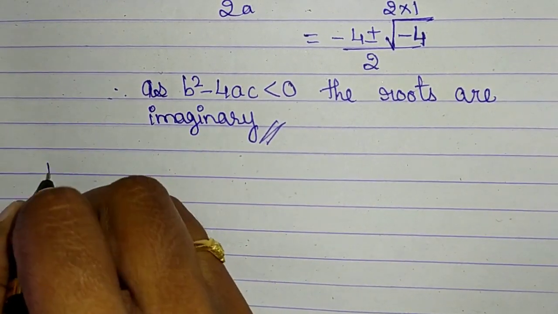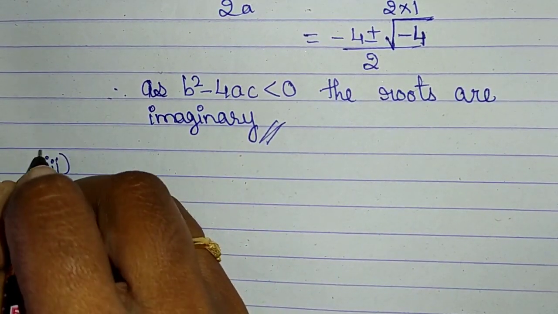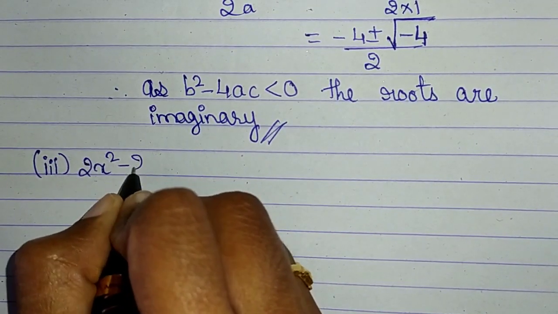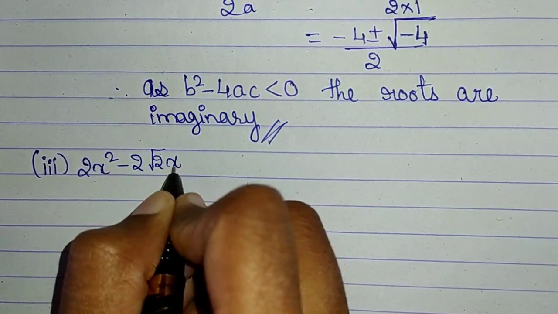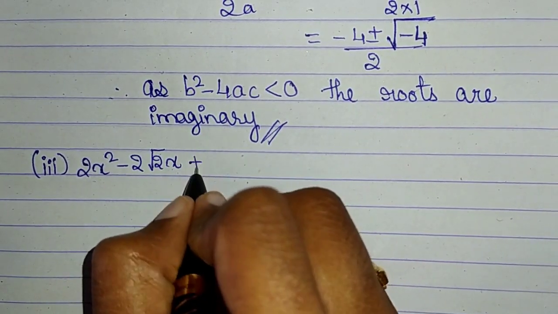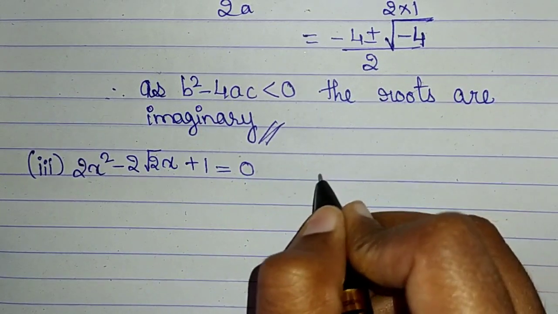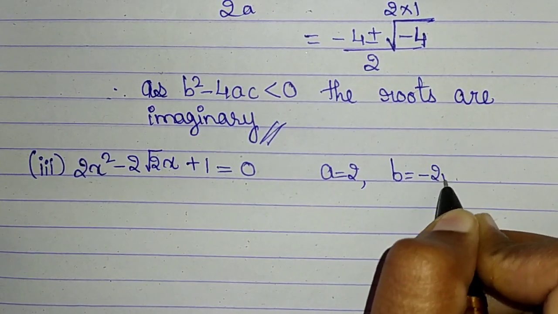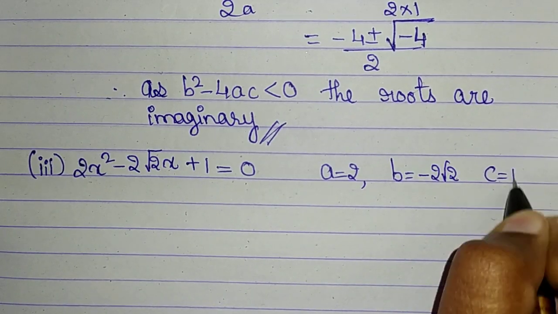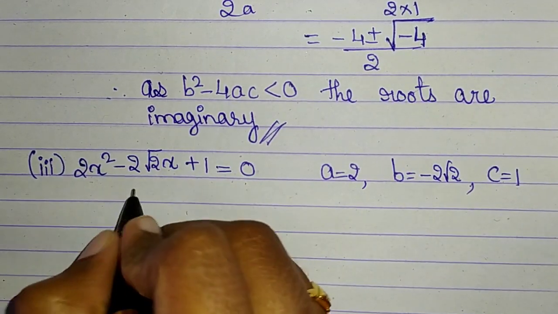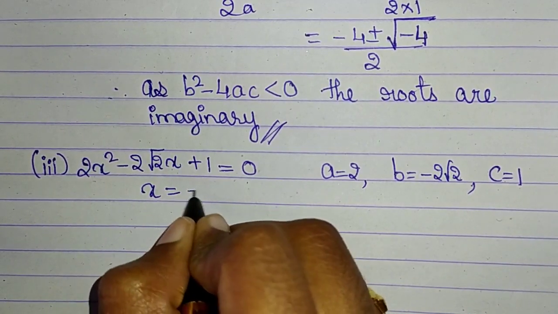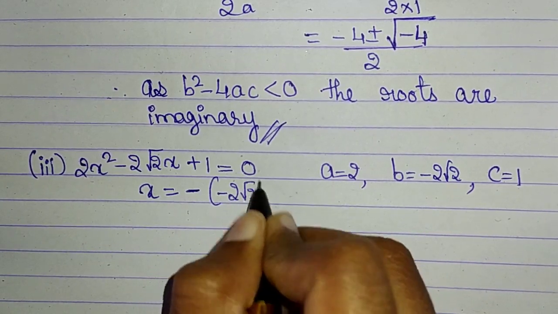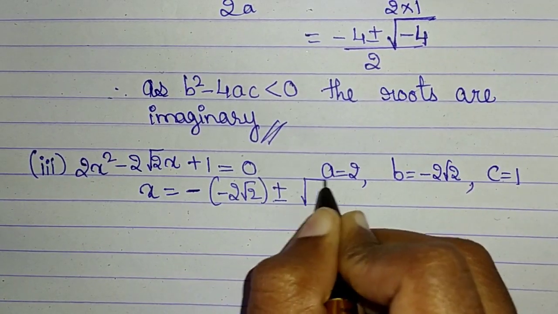So next we have third equation, which is 2x square minus 2 root 2x plus 1 is equal to 0. So writing A is 2, B is equal to minus 2 root 2 and C is equal to 1. So now putting the values in the equation, x is equal to minus of minus 2 root 2 plus or minus under root.